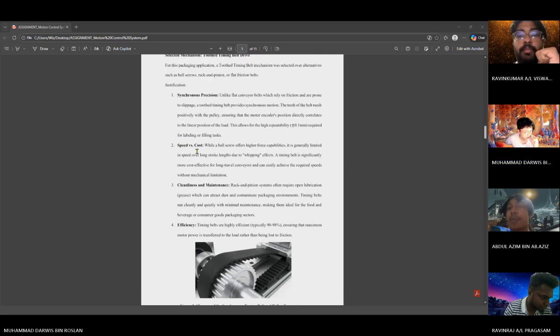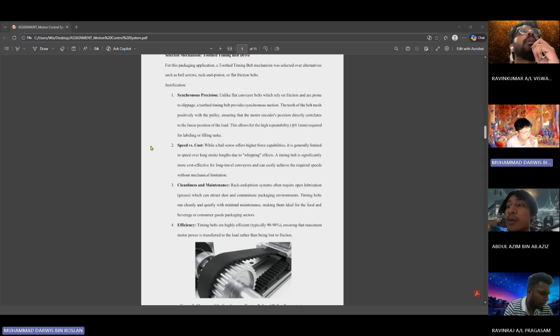While a ball screw offers higher force capabilities, it is generally limited in speed over long stroke lengths due to whipping effects. A timing belt is significantly more cost effective for long travel conveyors and can easily achieve the required speed without any mechanical limitation.